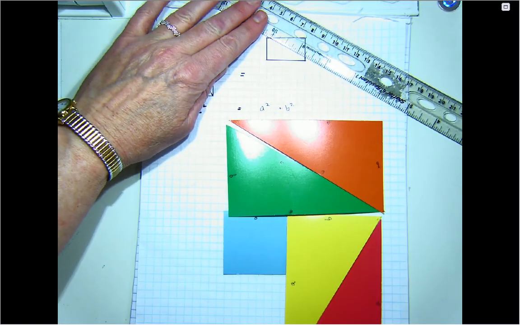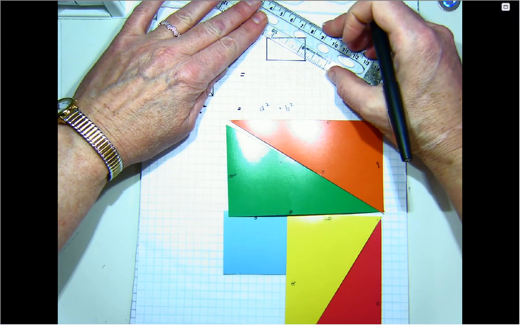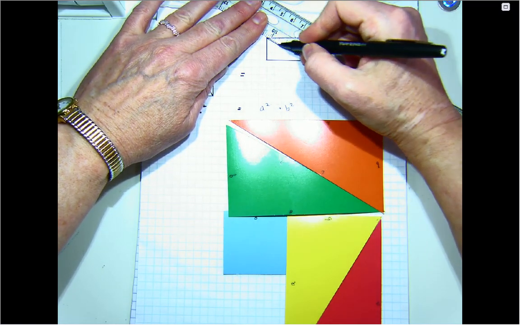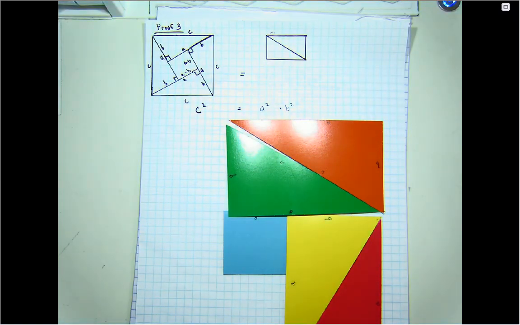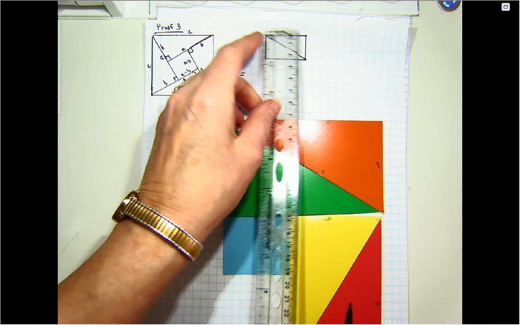So we took a 3x5 card and cut it on the diagonal, and that's what we're doing with our little squares. So now we need a 3x5 rectangle coming down from that.